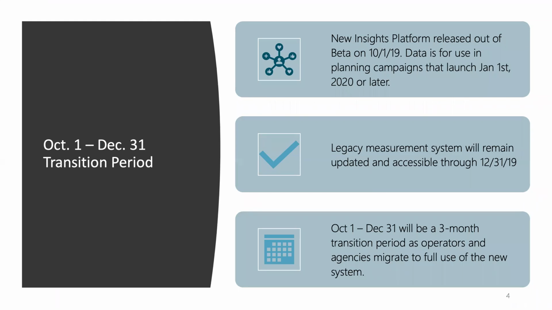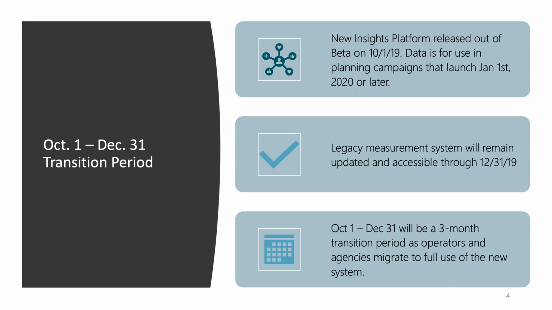The data in the Insights platform is to be used for planning for projects starting January 1st, 2020. So if you receive an RFP today and the project launches January 1st, 2020, you'd want to be going to the Geopath Insights suite or pulling the data out of the new API for response to that.